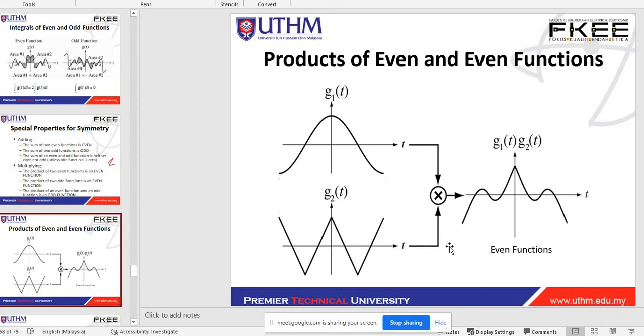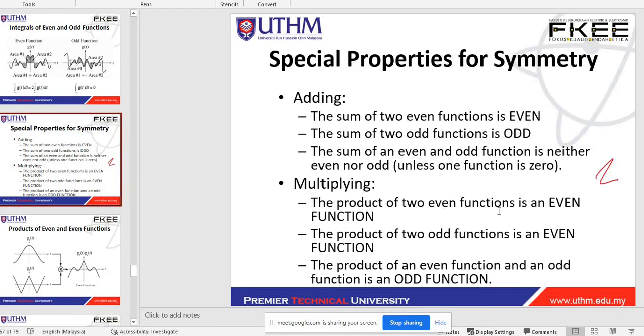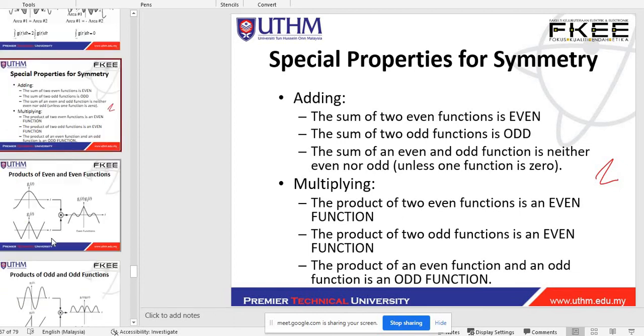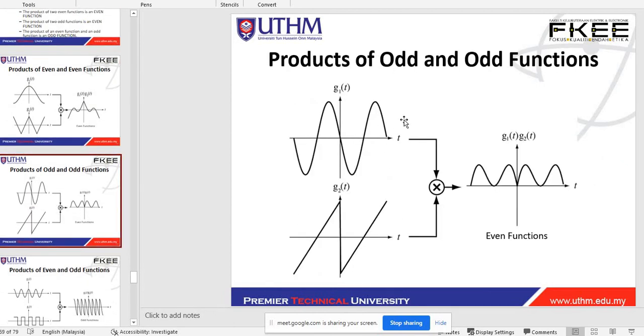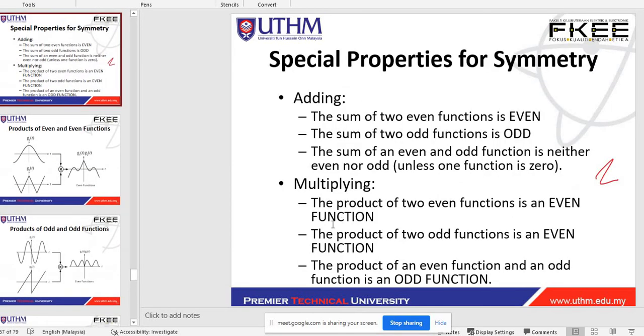Even multiplied with even, you get even, which is this one. Okay, odd and odd. This is odd, multiplied with odd. So odd and odd, you get even, which refers to this one. Odd and odd, you get even.